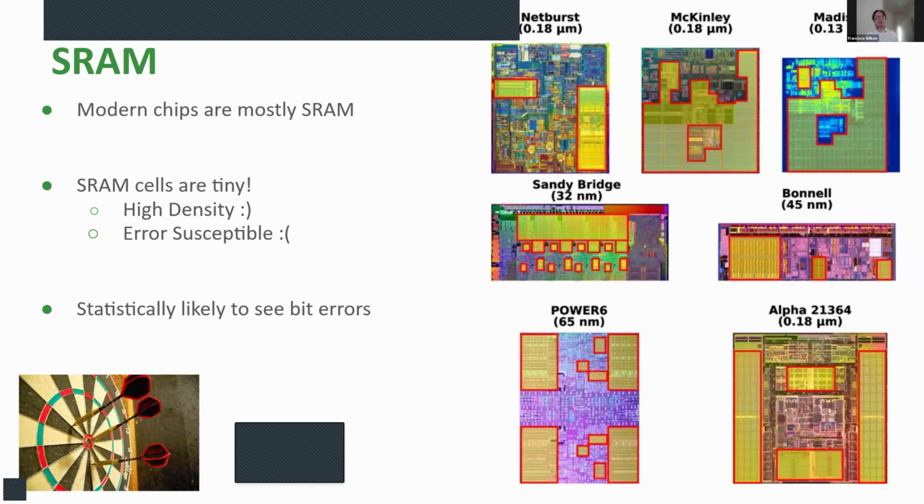On these really big chips that are mostly SRAM, it's like throwing darts at a dartboard. You're going to hit some SRAM. You're going to see some errors. So how can we make sure that getting some errors on your chip isn't going to completely ruin your chip, right? That's the goal.